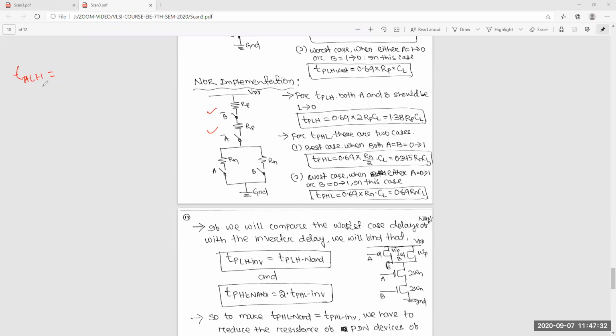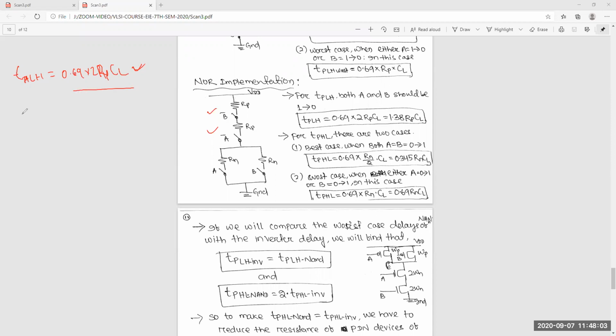So in that case, it is 2 RP, and TPLH is equal to 0.69 into 2 RP into CL. This is constant, we cannot change it, because for low to high there is only one possible way, both on, which means 2 times.